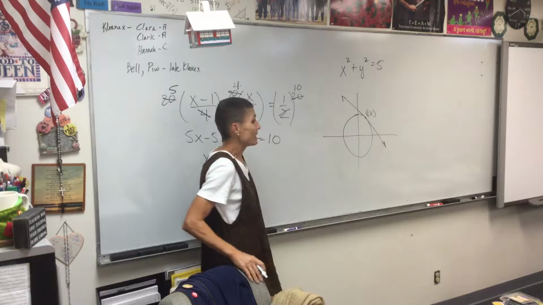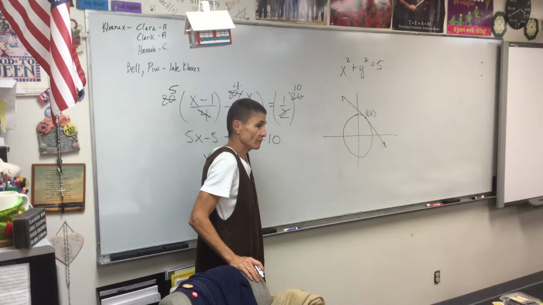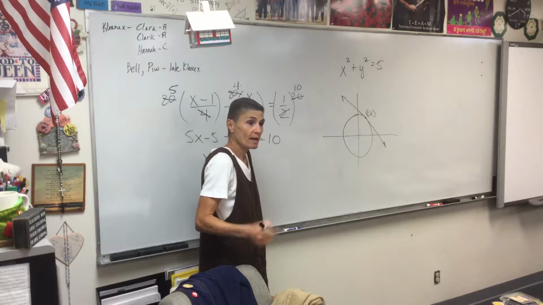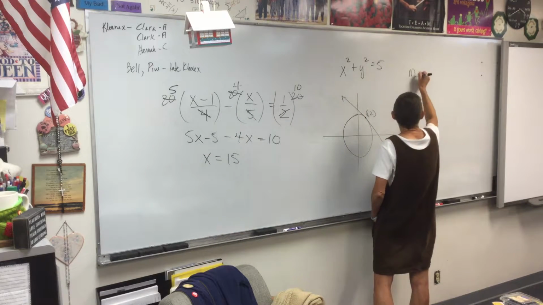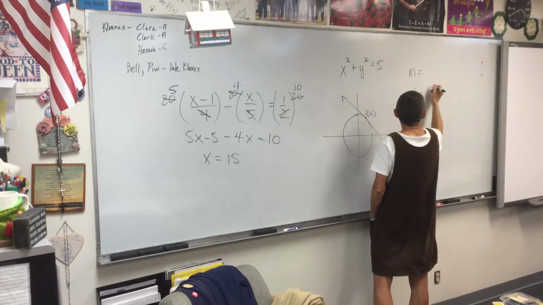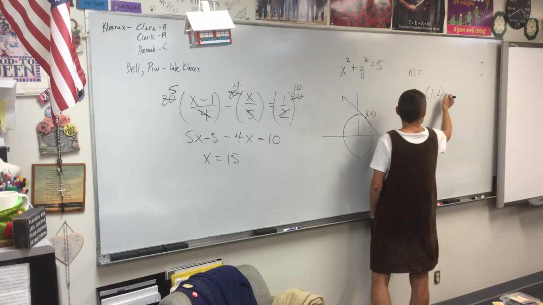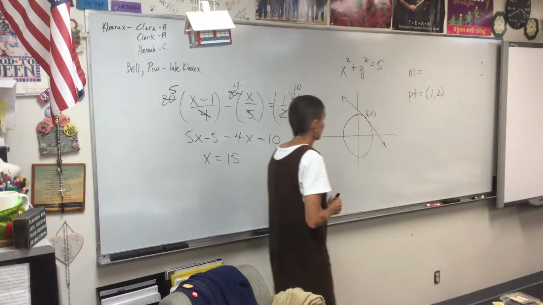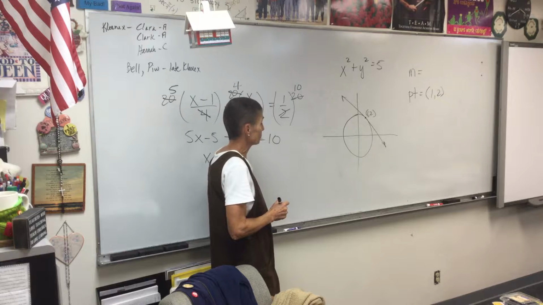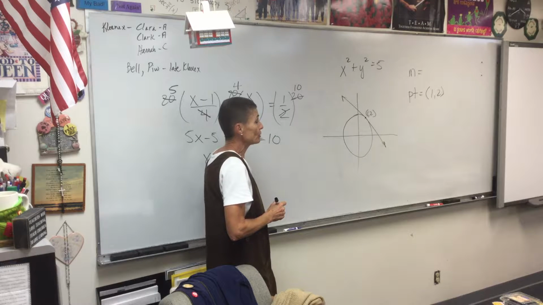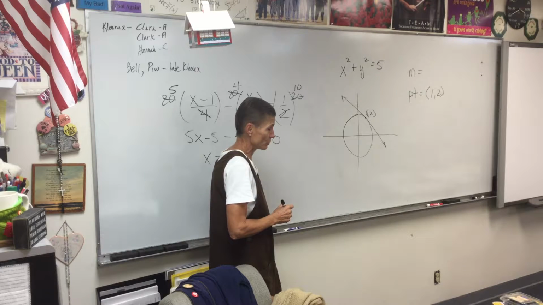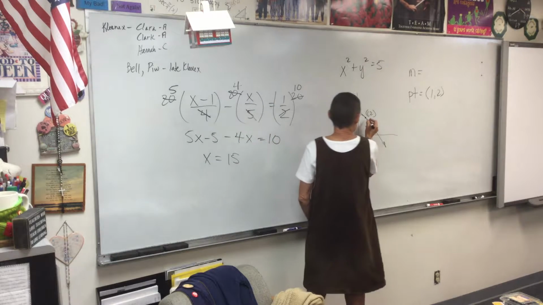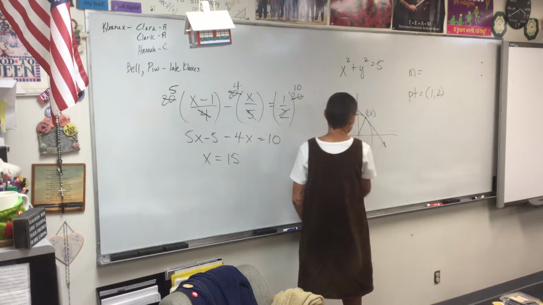What does it take to write the equation of a line? What information do we have to write the equation of a line? We gotta have a slope, and we gotta have a point. Now the point we have, they gave us that. In order to do this, you have to remember something from geometry. This would be a radius, right?